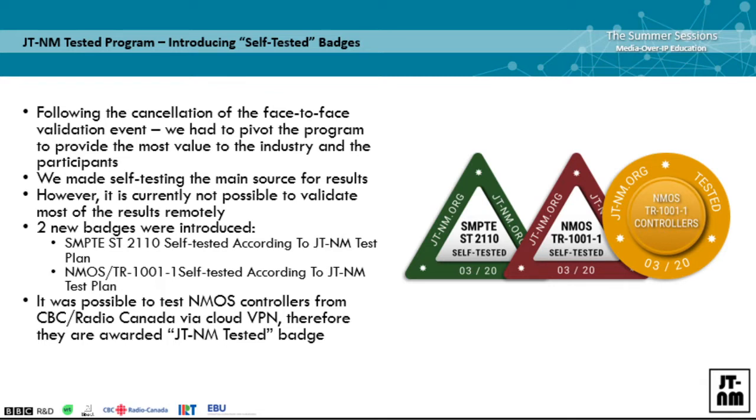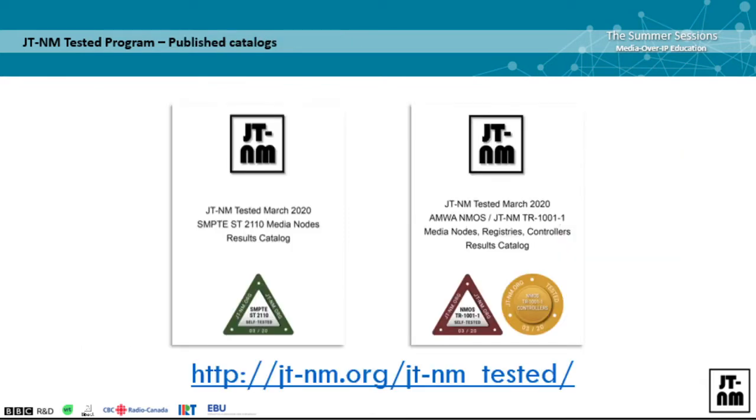One exception is the NMOS broadcast controllers. Thanks to the team at CBC Radio Canada, they were able to work out a solution to test the broadcast controllers using a Cloud VPN solution. They were actually able to connect the broadcast controllers from the vendors' labs into their own lab and test them.